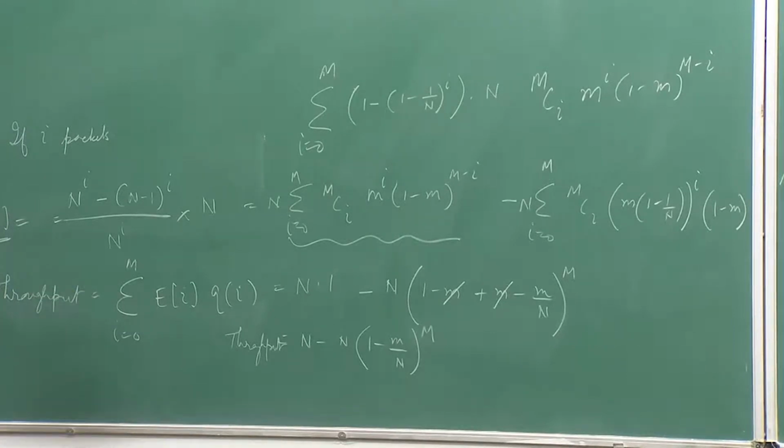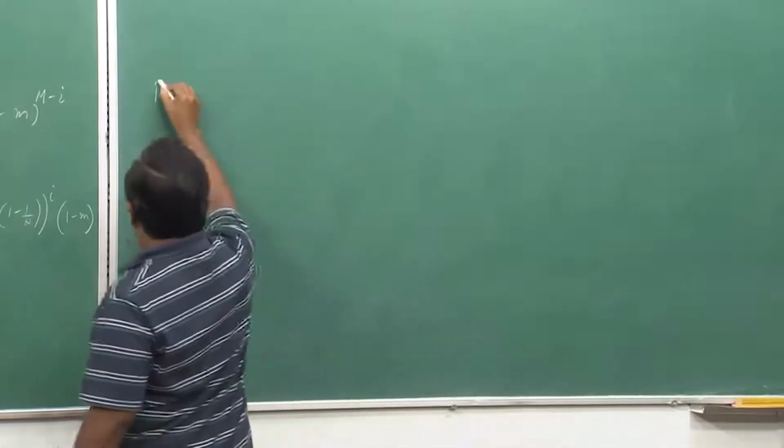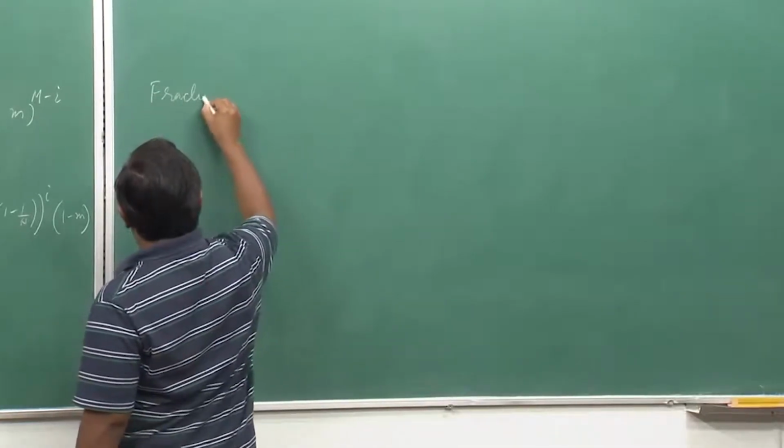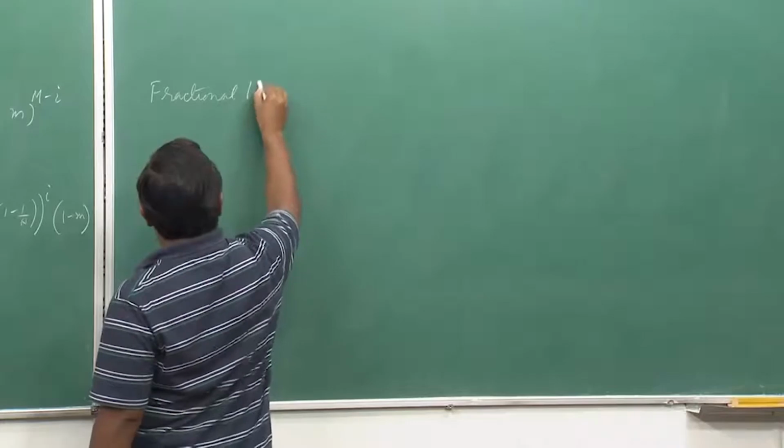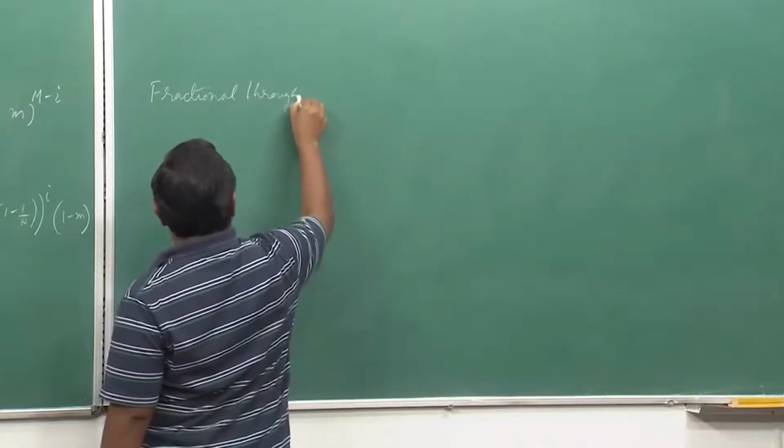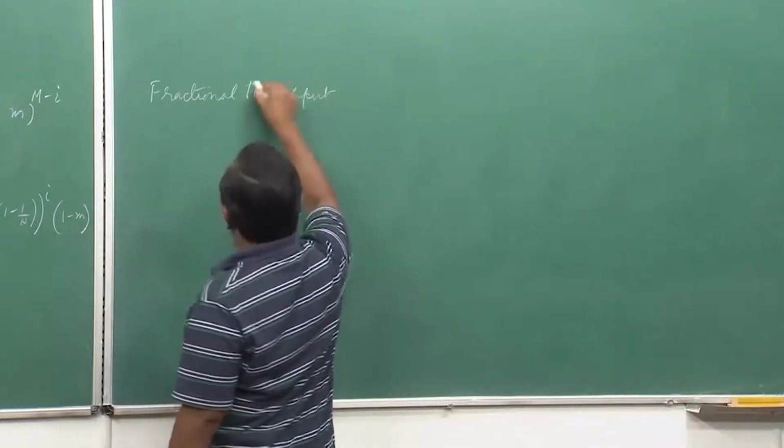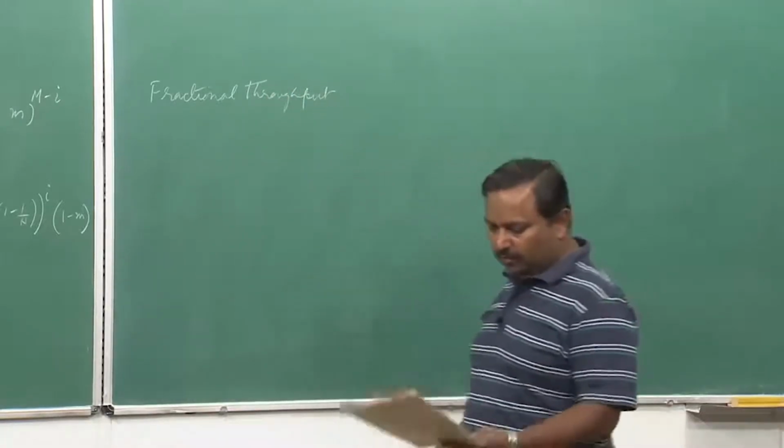So, fractional throughput, if you want to estimate, you can actually get it. So, fractional throughput will be the fraction of whatever is coming at the input, how much of that is going out. That is the fractional throughput.